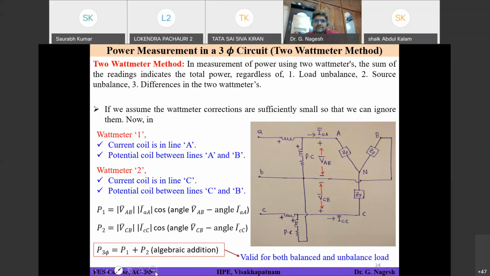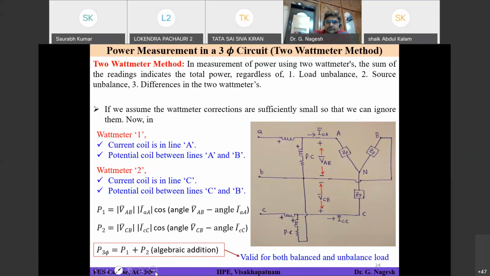So the total three-phase power is P1 plus P2, the reading of one wattmeter added to the reading of the other wattmeter. This is how you can measure three-phase power in a three-phase circuit using only 2 wattmeters.